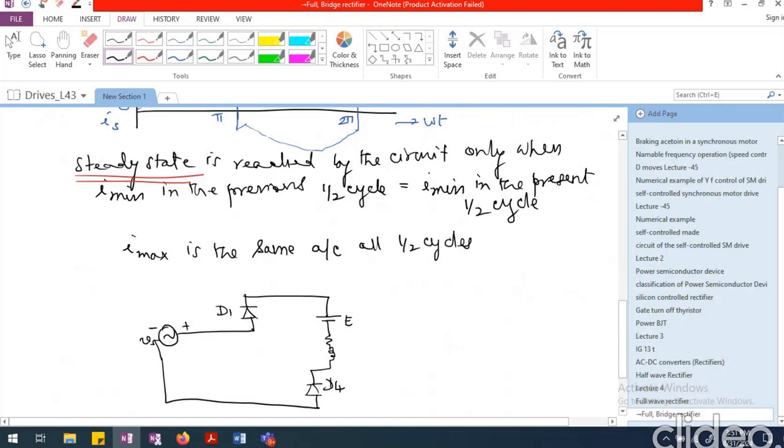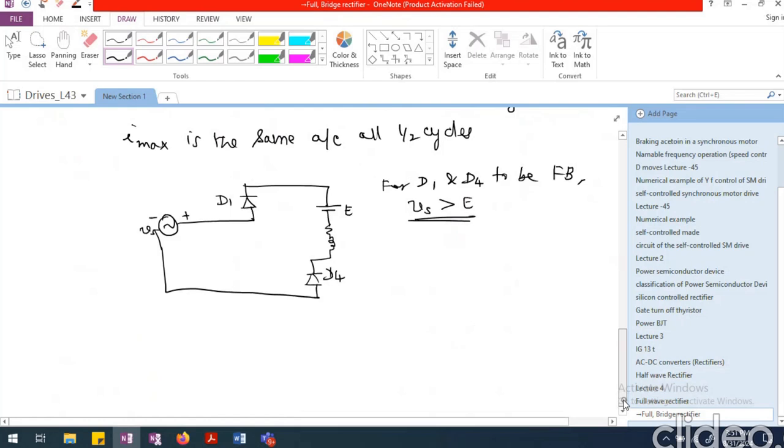So for D1 and D4 to be forward biased, I should have Vs greater than E. Only then they will be forward biased. Otherwise, they will not start conducting. This is true when we are starting the circuit from rest.